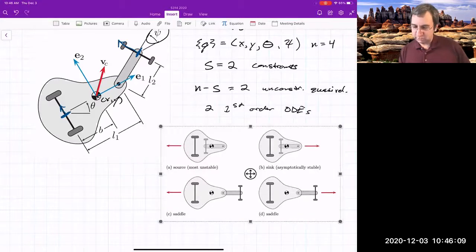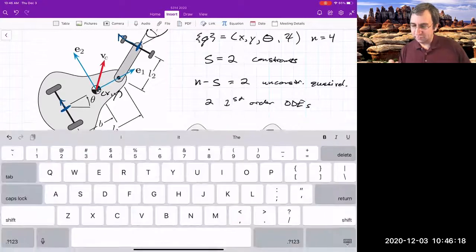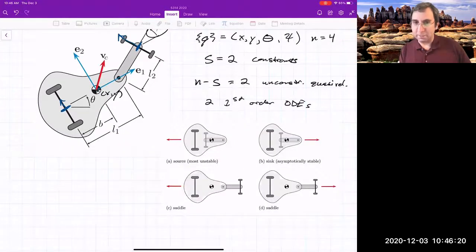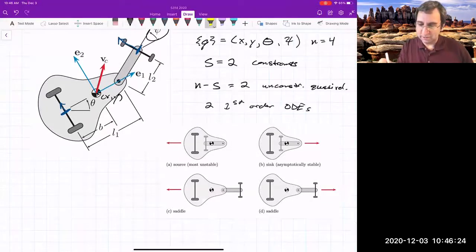Only one of them is stable, and it's if the front wheels kind of tuck under the back. This thing right here is what I'm talking about. This one is the only stable configuration.